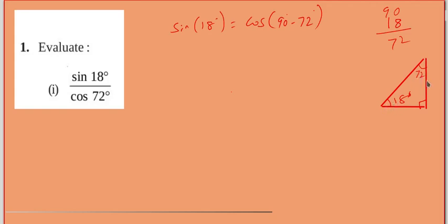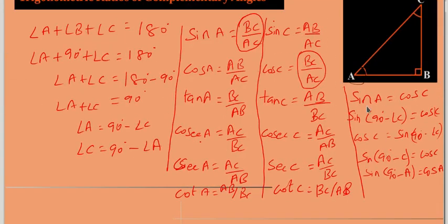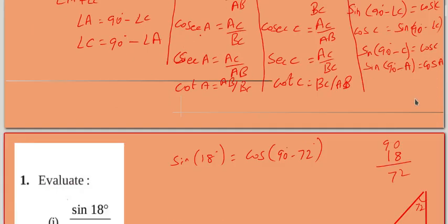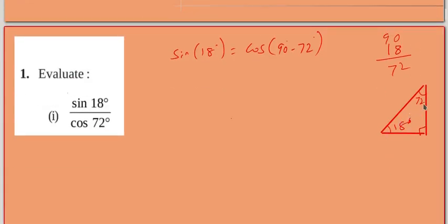We have seen very well that sine of this angle is equal to cos of this angle, isn't it? Sine of angle A equals cos of angle C. These two angles are complementary angles.